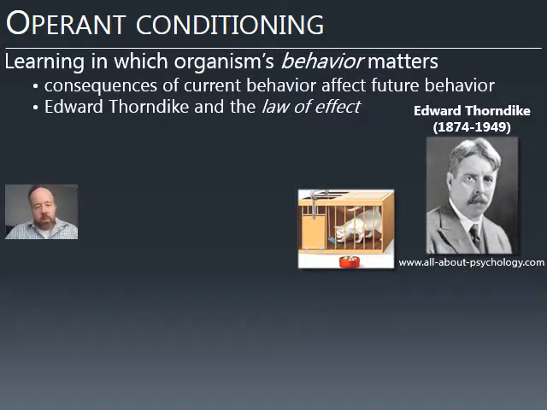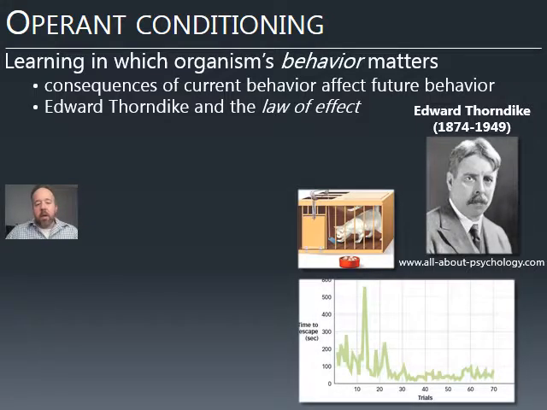And so the idea here was that at first the cat has no idea what to do. It has no connection between a behavior and the desired result. But what Thorndike observed was once it exhibited that behavior once, it was much quicker at exhibiting that behavior again on future trials.